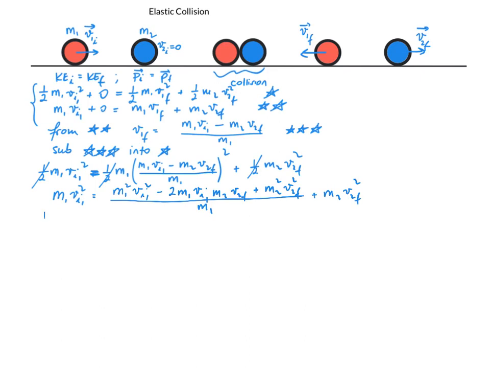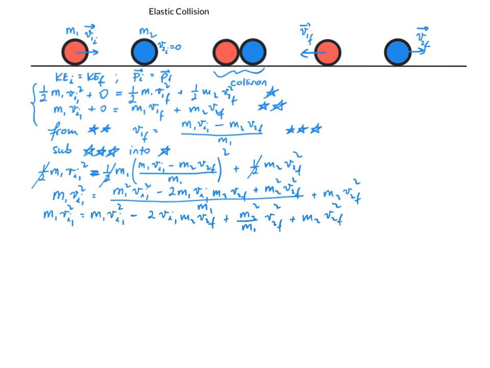So let's rewrite this. m1 v initial 1 squared equals, I can divide m1 squared by m1 and have m1 v initial 1 squared minus, here again I can divide by m1, so I have minus 2 v initial 1 m2 v2 final plus m2 squared over m1 v2 final squared plus m2 v2 final squared.